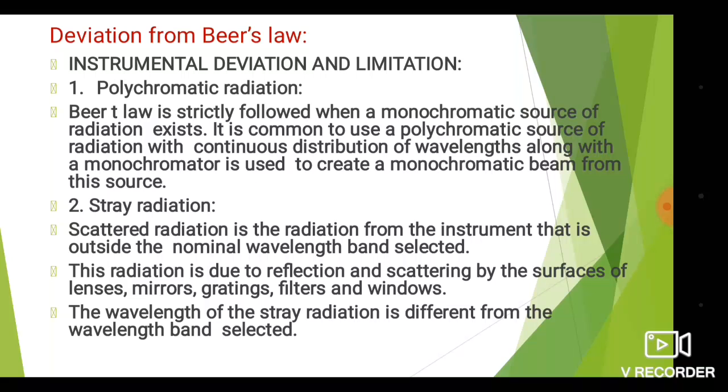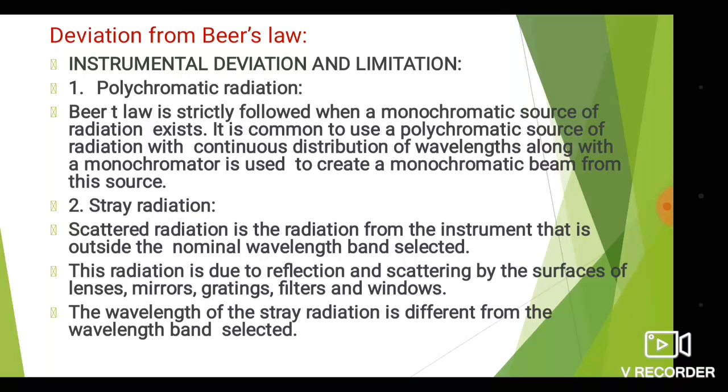Stray radiation, or scattered radiation, is radiation from the instrument that is outside the nominal wavelength band selected. So this is another drawback, the stray radiation. This radiation is scattered by the instrument itself.